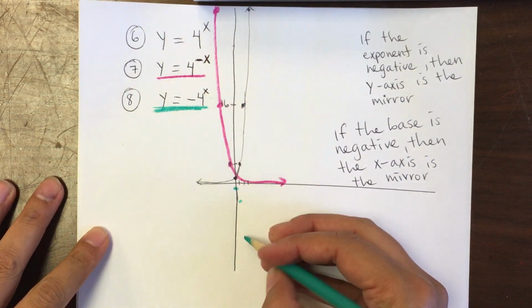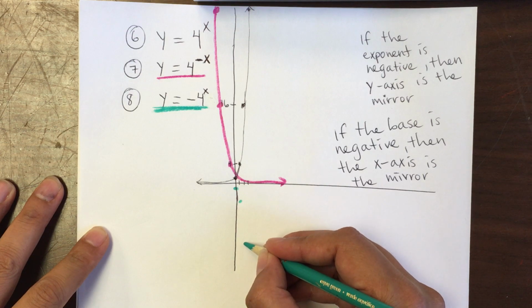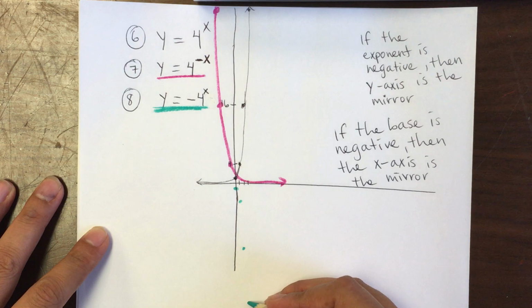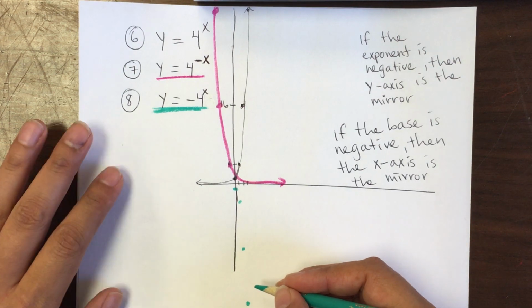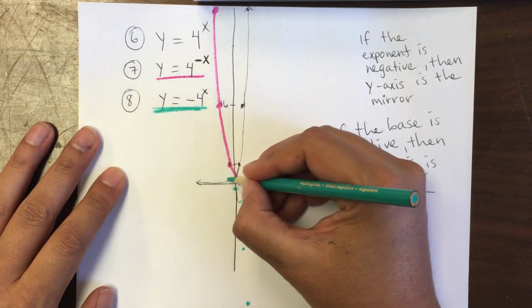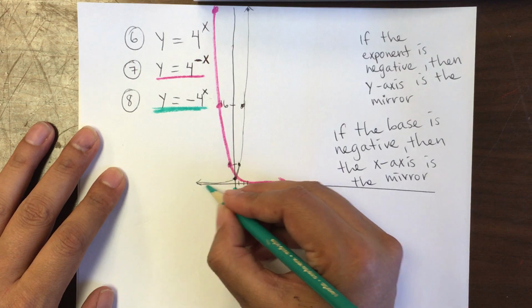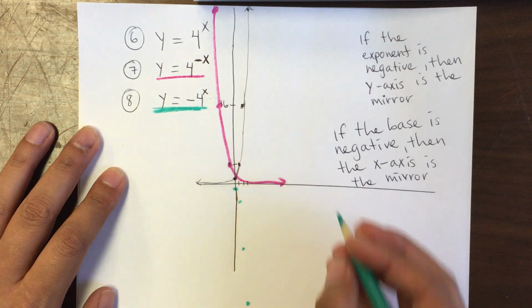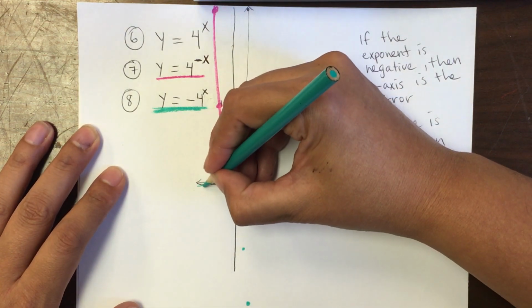This point will reflect around here, and then the last one will be around here. And this part will be over here, because this is the reflection on this mirror, so right here.